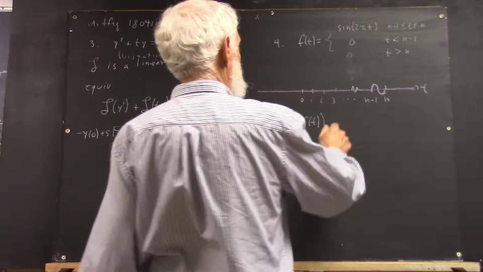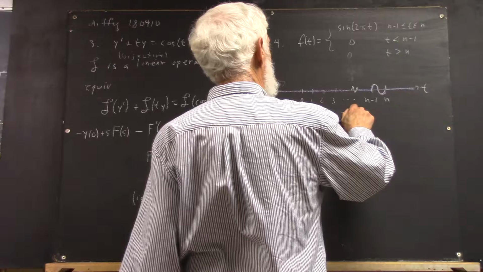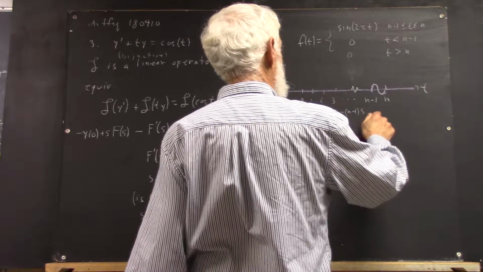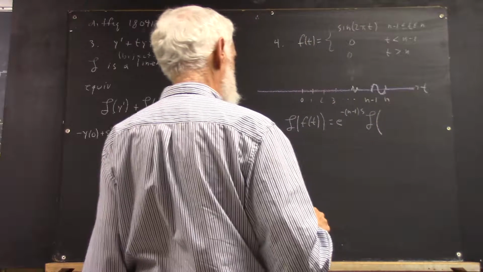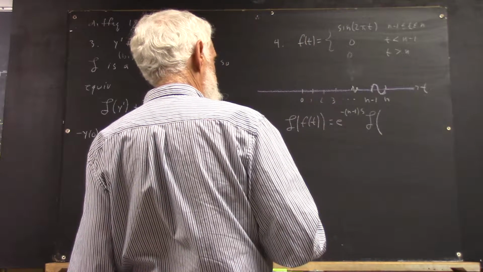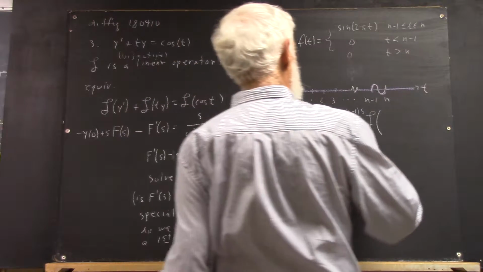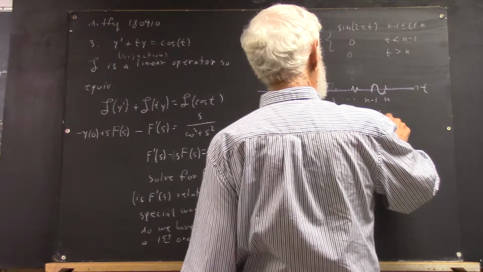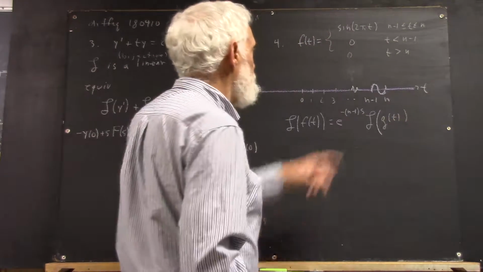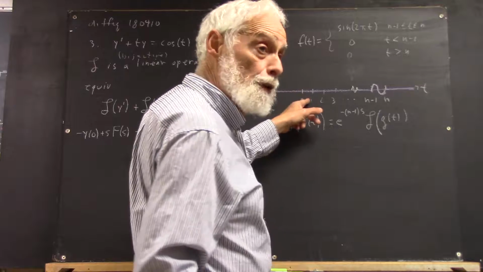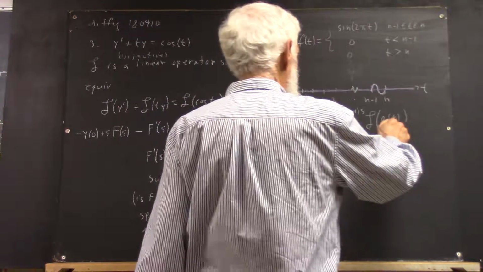And it's just e to the minus n minus 1 s times the Laplace transform of g of t, where g of t is just the same function on the interval from 0 to 1. Okay?